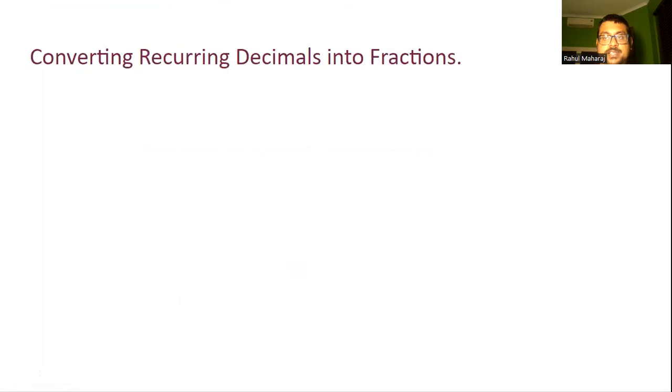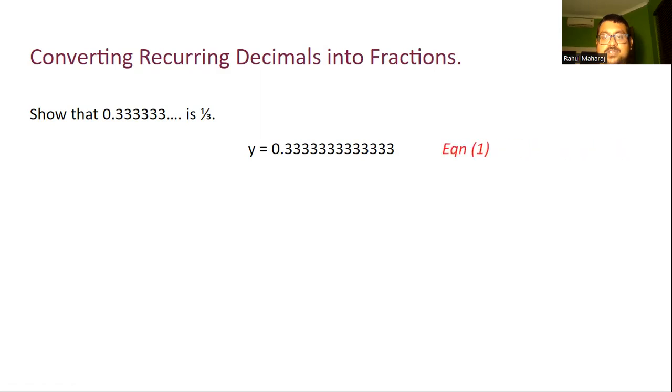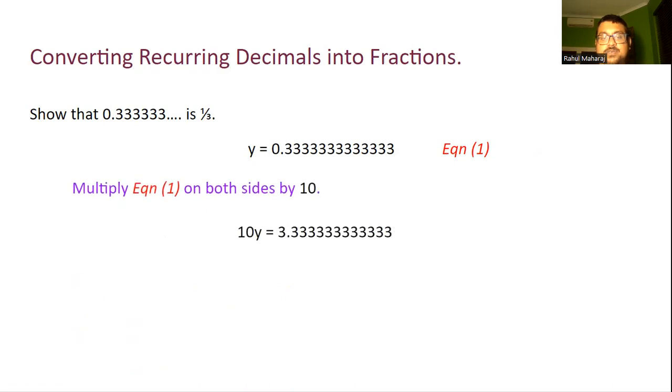So let us start by converting a decimal such as 0.3 that recurs as 1 over 3. So we do that by letting y be equal to 0.33333 going onwards. We will call that equation 1. Since we have one digit repeating, we can multiply both sides of equation 1 by 10, which will give us 10y is equal to 3.33333, and this is equation 2.